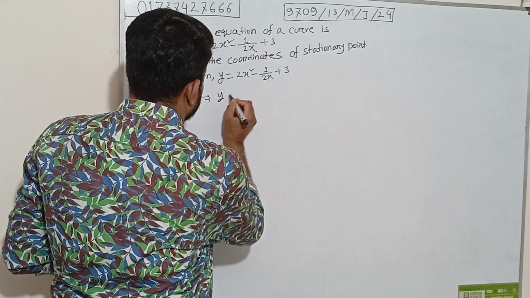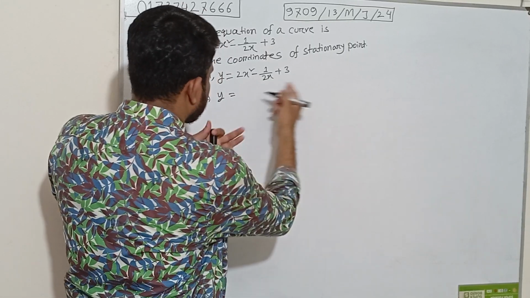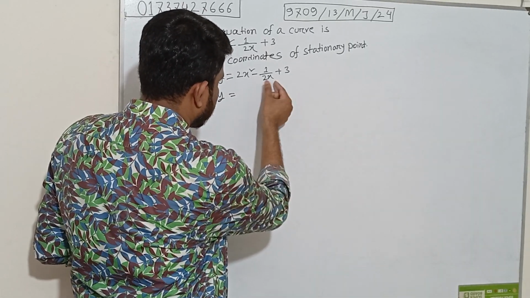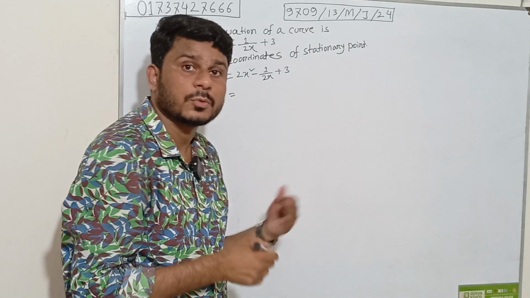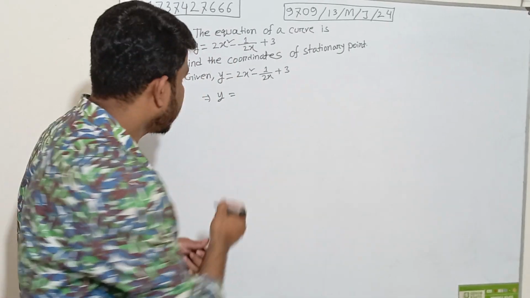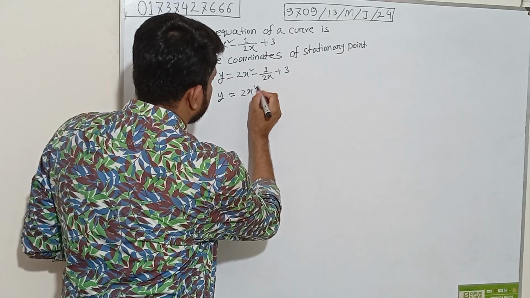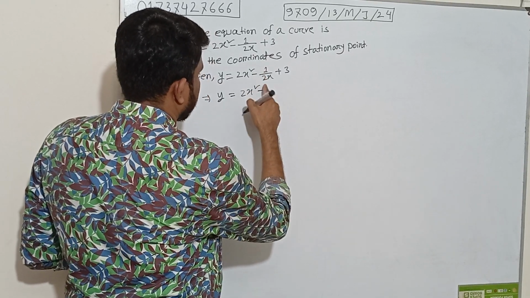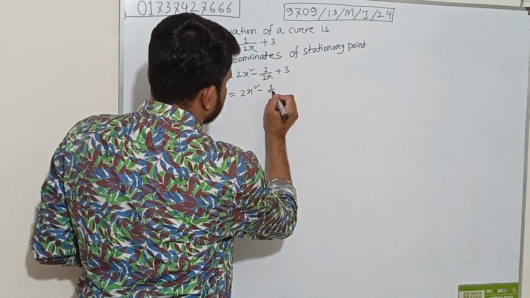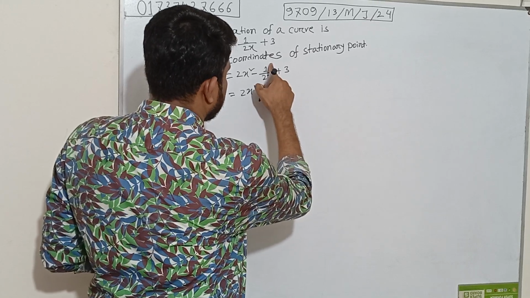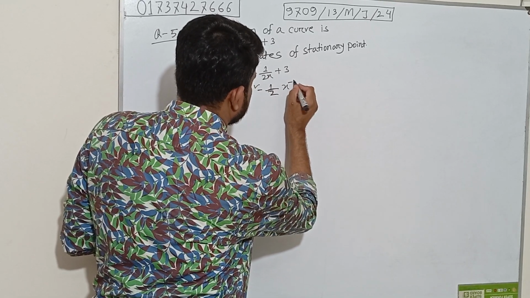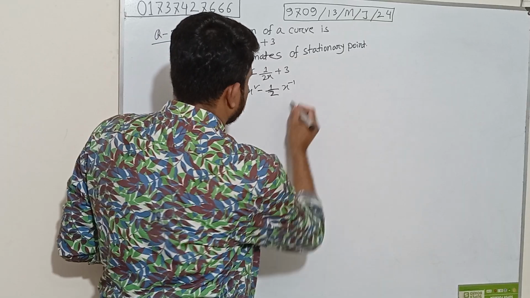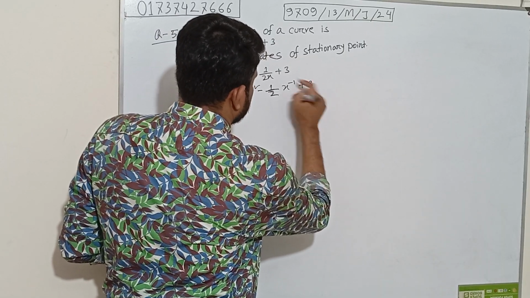So this is y, and first we change this a little bit so that we can solve it easily. So y = 2x² - 1/2 · 1/x, which we can write as x to the power minus 1, plus 3.